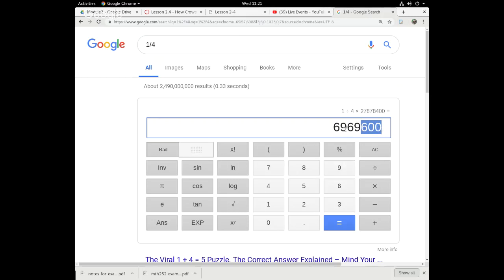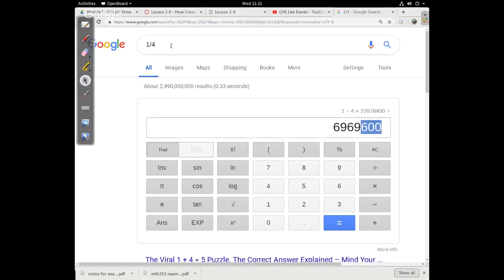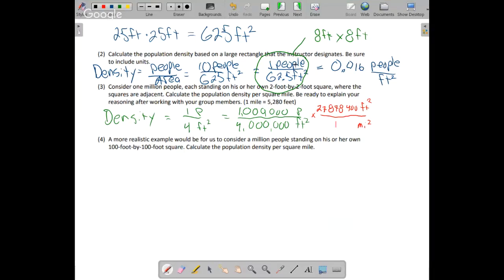So 6,969,600. So that is 6,969,600 people per mile squared.